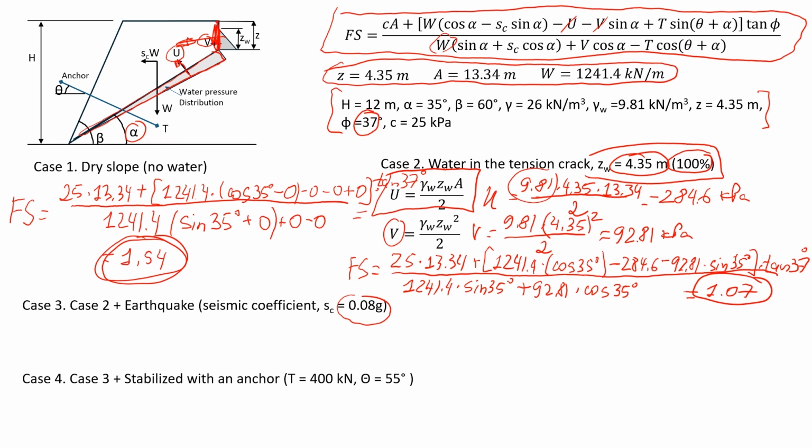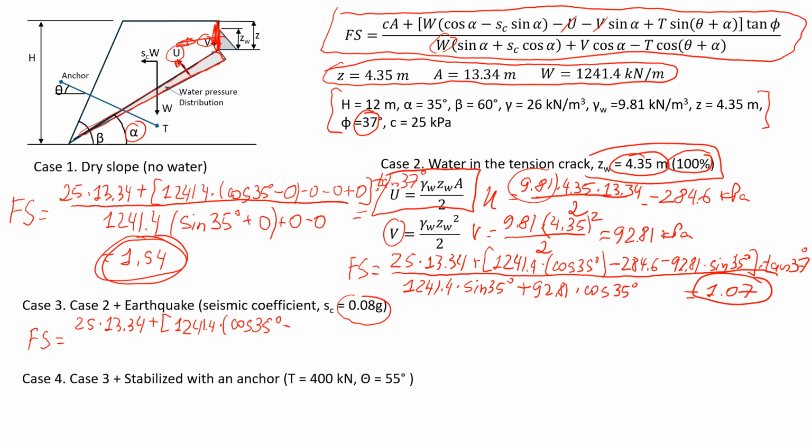So for case 3, let's estimate the safety factor. Again, the first component, which is cohesion times A, will be the same, right? Then we are going to have plus W, which is 1241.4, times the cosine of the angle, the failure plane angle, which is 35 degrees.